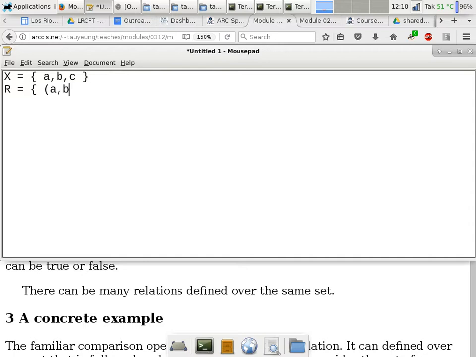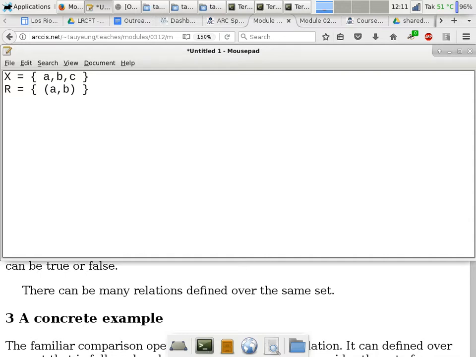Okay, so we can define a non-empty relation. I'm just randomly defining a particular element here. This is a relation: A relates to B. That's it. It has one single relation defined over a set of 3 elements, but that's okay, because I didn't say what R actually means. I just say this is a random relation.